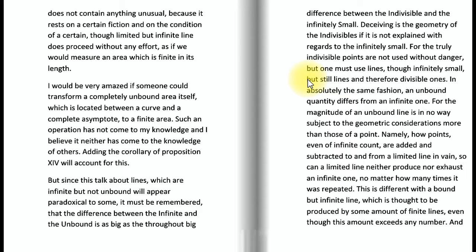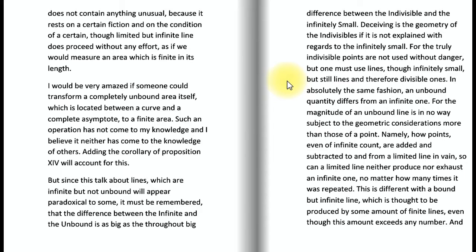I would be very amazed if someone could transform a completely unbound area itself, which is located between a curve and a complete asymptote, to a finite area. Such an operation has not come to my knowledge, and I believe it neither has come to the knowledge of others. Adding the corollary of proposition 14 will account for this.